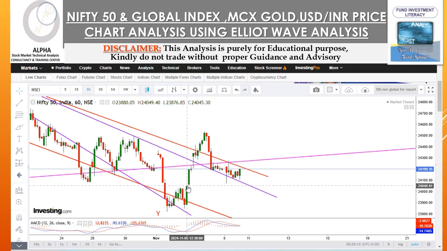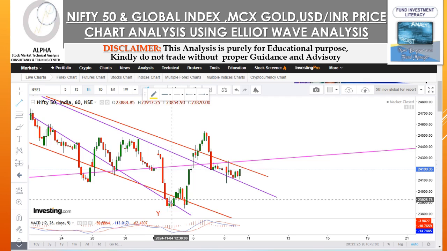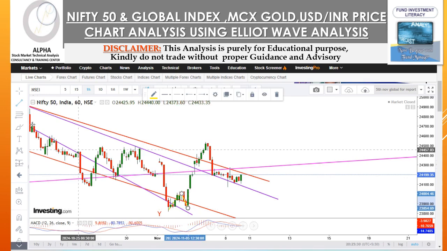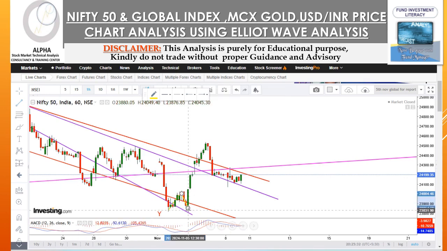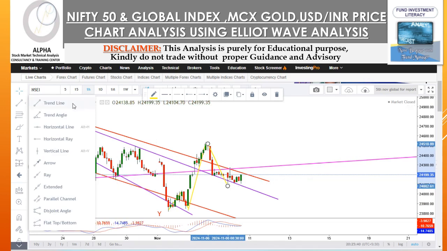That's very close by, and it's a very, very crucial support, because I'll be counting 5 waves here. 1, 2. So let me again take another trend line. Let me change the color to yellow. That's 1, 2, 3, a 4, and then a 5, which will be on the top.